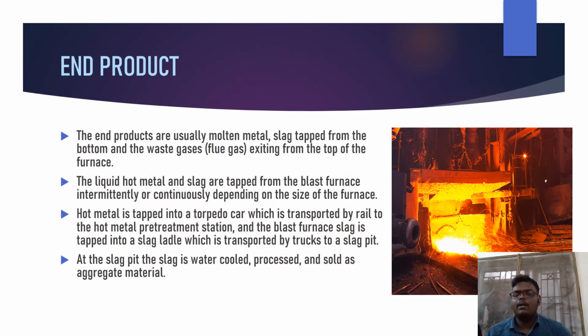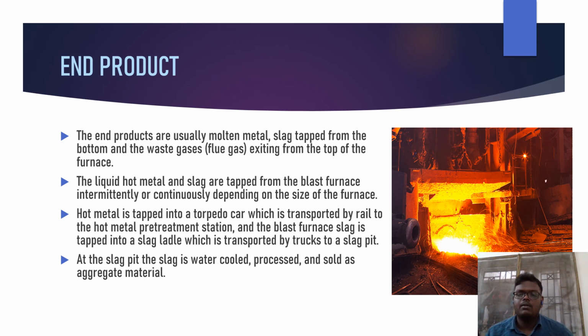The end product of the blast furnace. The end products are usually molten metal, slag tapped from the bottom, and the off gases, which is the flue gas, exiting from the top of the furnace. The liquid hot metal and slag are tapped from the blast furnace intermittently or continuously depending on the size of the furnace.